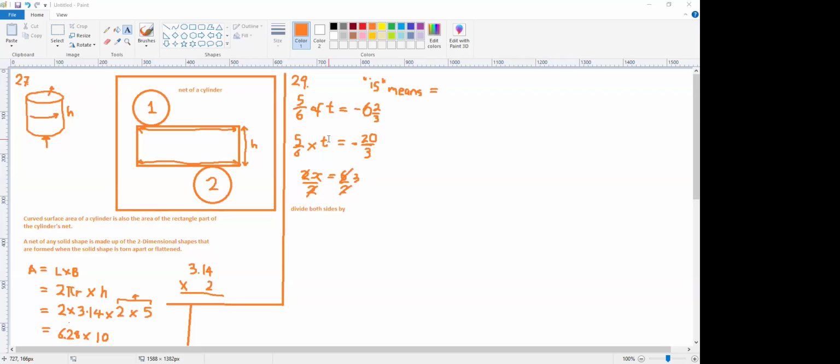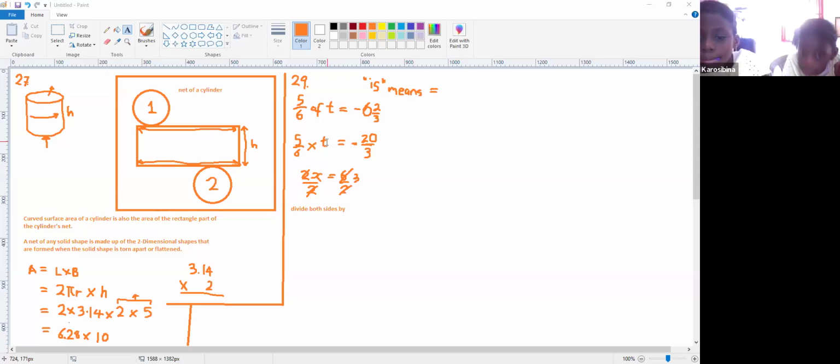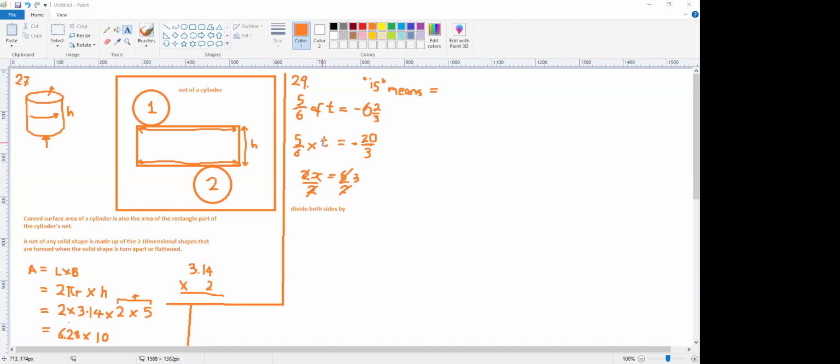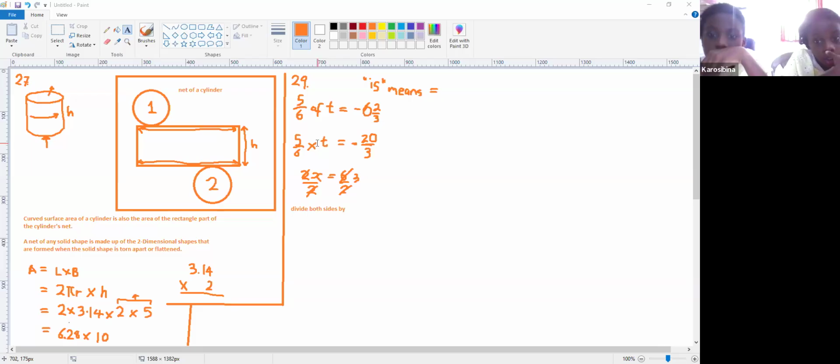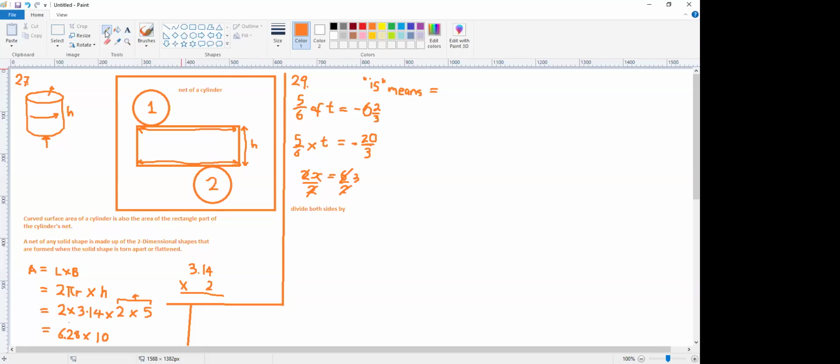What number is multiplying t? 5/6. Why was that difficult to figure out?